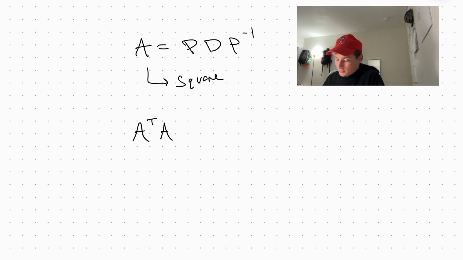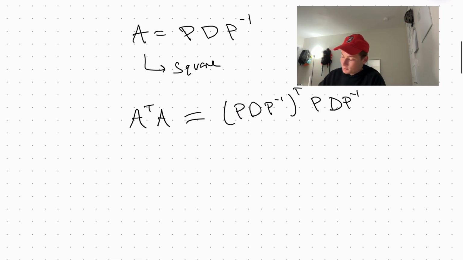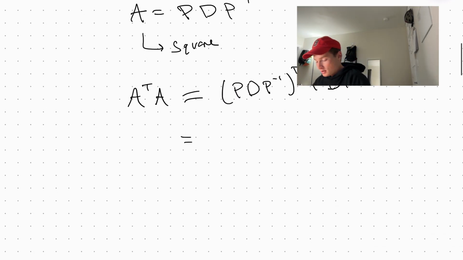A transpose A. I think you can maybe see where this is going, but we're going to start with this, and then we're going to be able to see what SVD does. Okay, so A transpose A equals (PDP inverse) transpose times PDP inverse, because I'm just plugging in what we had before, because we liked that equation.